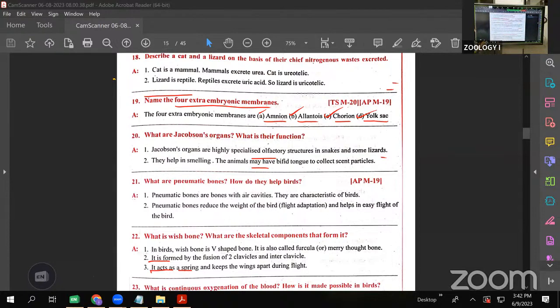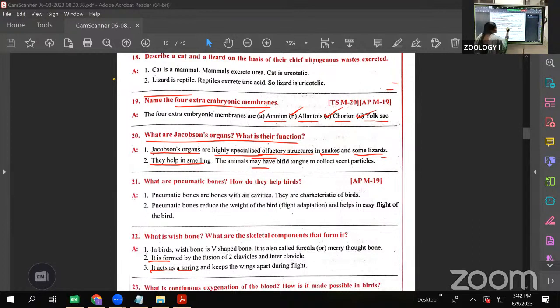Next, what are Jacobson's organs and what is their function? Jacobson's organs are specialized olfactory structures. Olfactory means for smell; they are useful for taking in smell. They are highly specialized olfactory structures by which snakes and some lizards smell.